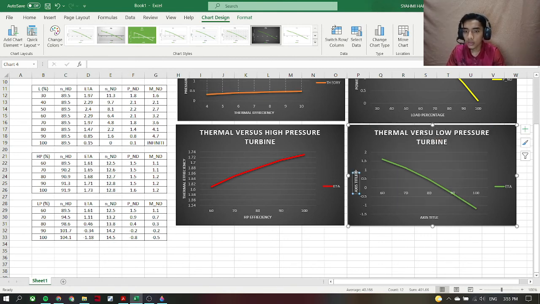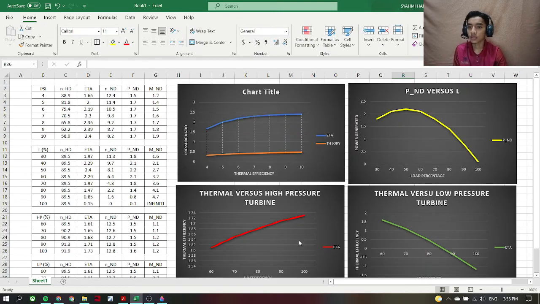So the Y axis will be thermal efficiency, and the X axis will be low pressure turbine efficiency. Alright, so that's it for the discussion.